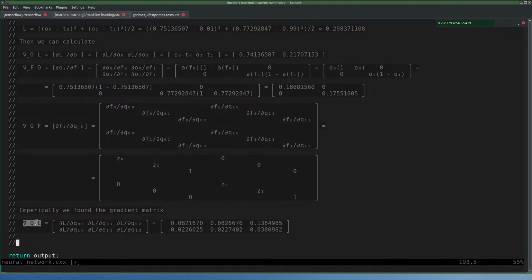So this thing here, the gradient, I don't know, how do I even pronounce that?